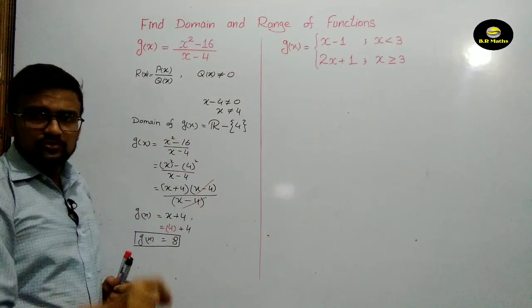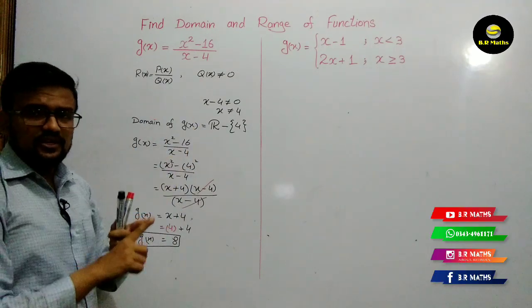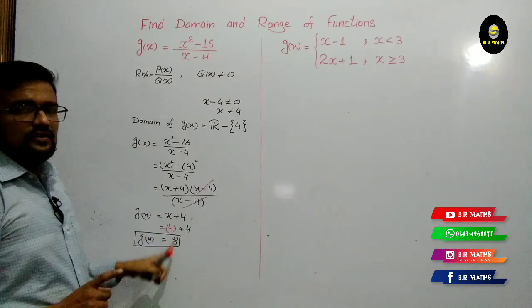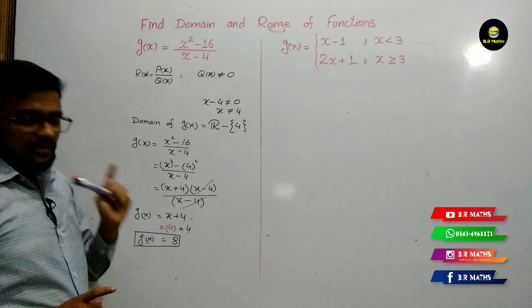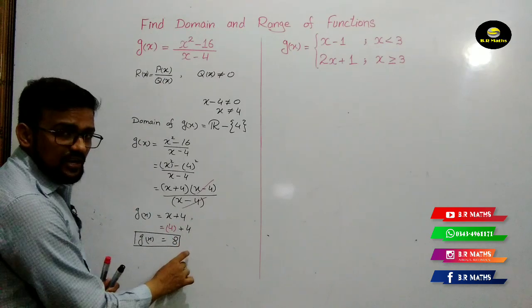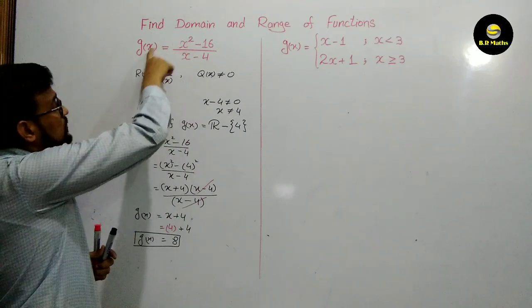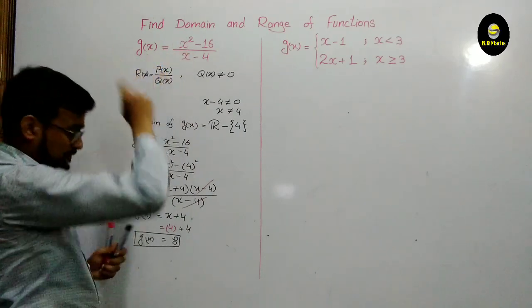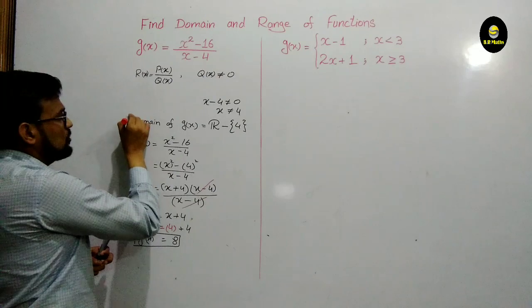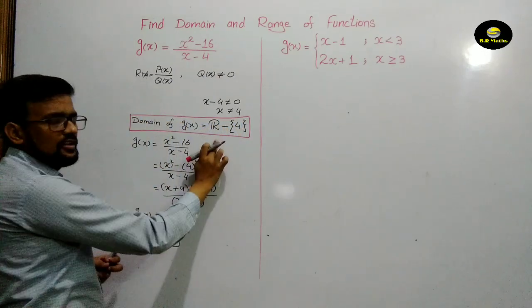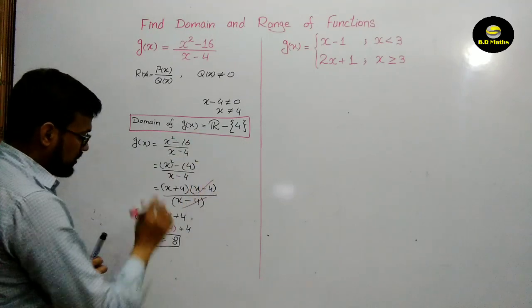You cannot use x equal to 4 in this function, which means the result 8 cannot be obtained from g of x. It means except 8, all real numbers are results of this function.